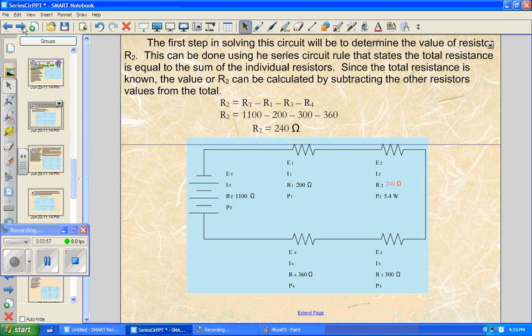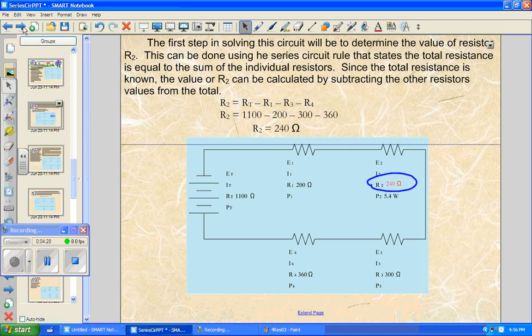So if we add 1, 3, and 4, we have 660 plus 200, so that's 860. 1100 minus 860 is 240, is that correct? So we find our resistor 2 by subtracting the ones we know from the total.